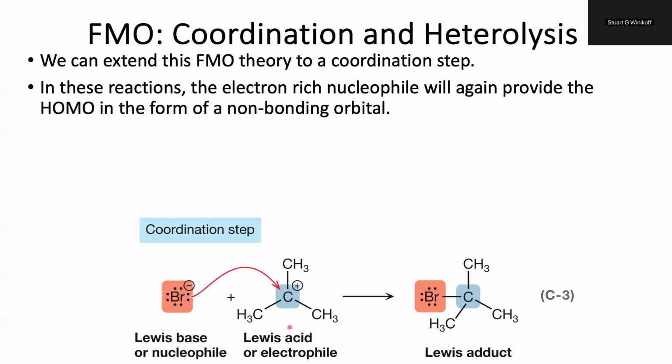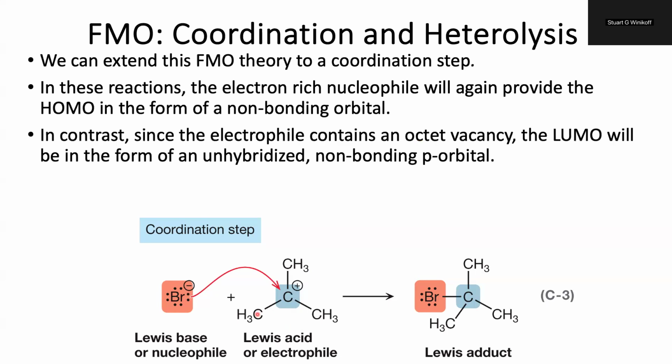This time, instead of the LUMO being an anti-bonding orbital, it's actually going to be a non-bonding p orbital. Because remember, when I have a carbocation or any sort of octet vacancy, that means I always have an uncoordinated p orbital. Thus, all of my species with an octet vacancy should be in a nice trigonal planar geometry, sp2 hybridization, very nice and flat.